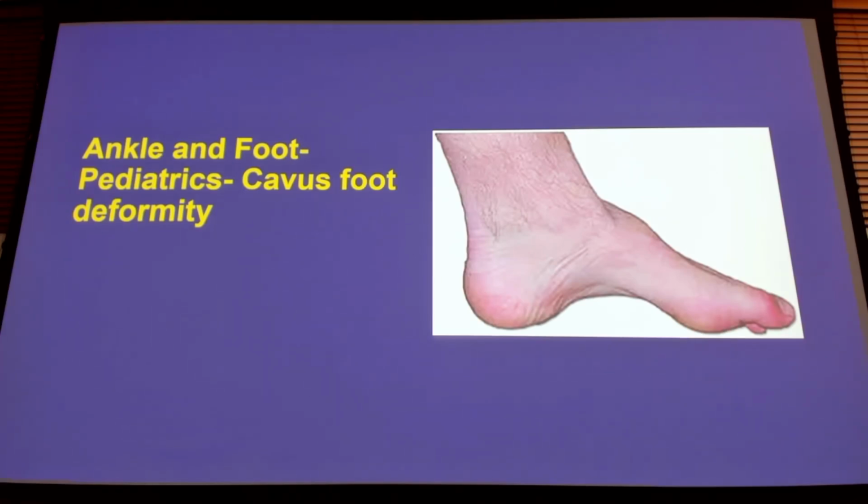Is it pathologic for a patient to have a high arch? What do you think? Yes. Maybe. Right? Like that, yes, that's definitely not right, okay? But you also see some patients that have high arches and they do very well, okay? So just as pes planus can be a normal variant, so can a high arch.